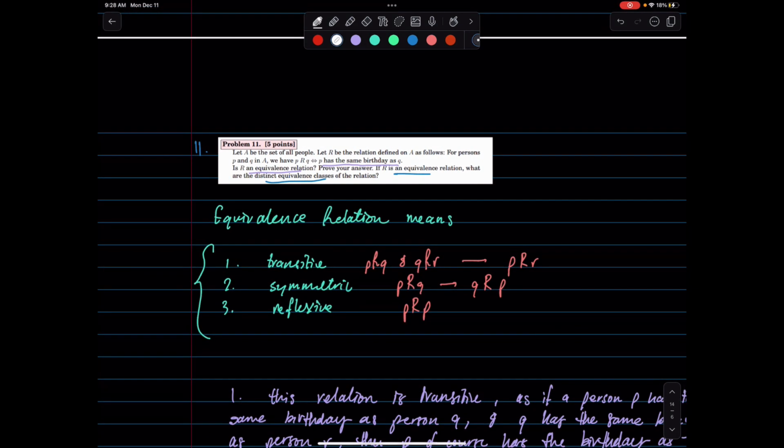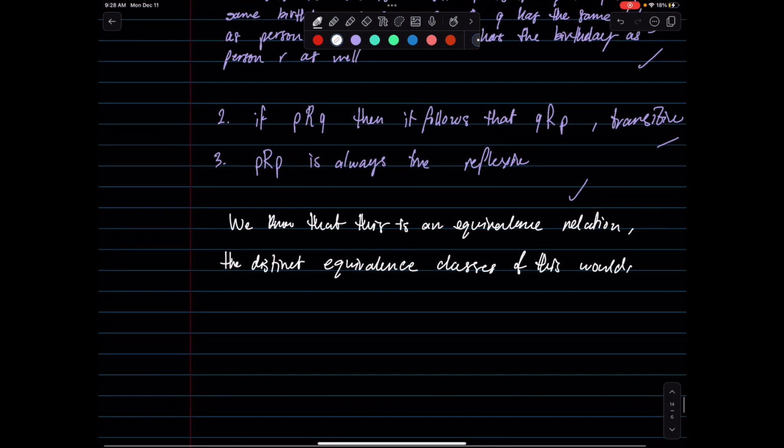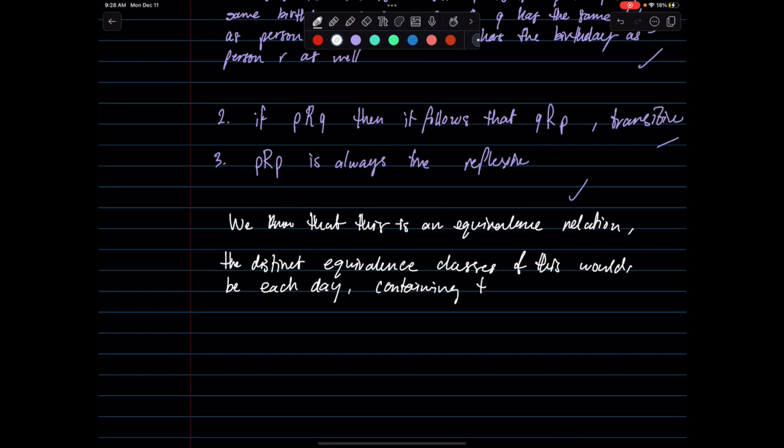The relation is a person having the same birthday as another person. So each class would be each day containing the set of people whose birthdays are on that day, right?